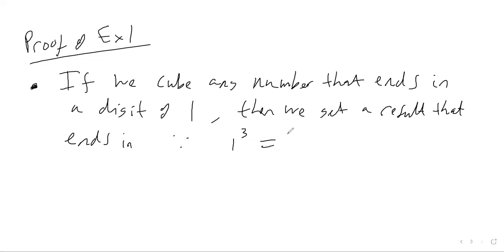1 cubed is 1. I've actually forgotten the first example that I should do, which is 0. Obviously 0 is a digit less than 5.